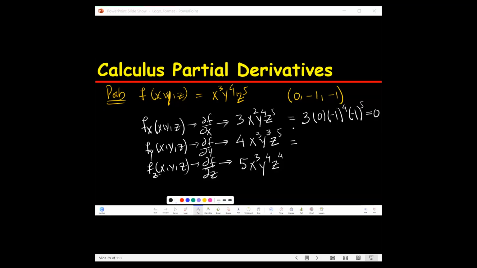And here, if I substitute the values, again the answer is 0. Here the answer is 0. You substitute the values, multiply everything, and the answer becomes 0. Okay, so these are the ways you can substitute the values and find the derivative.